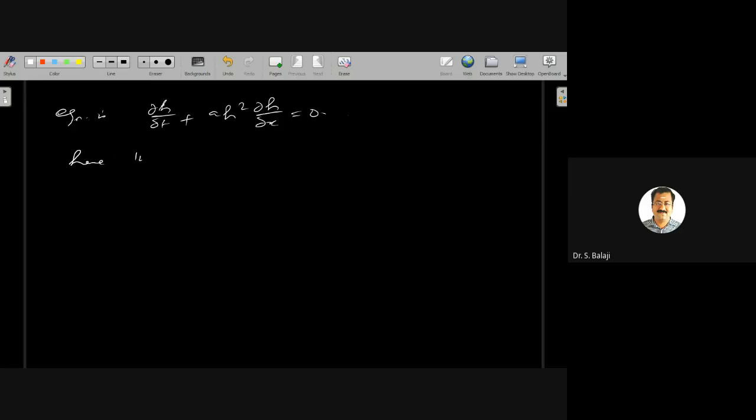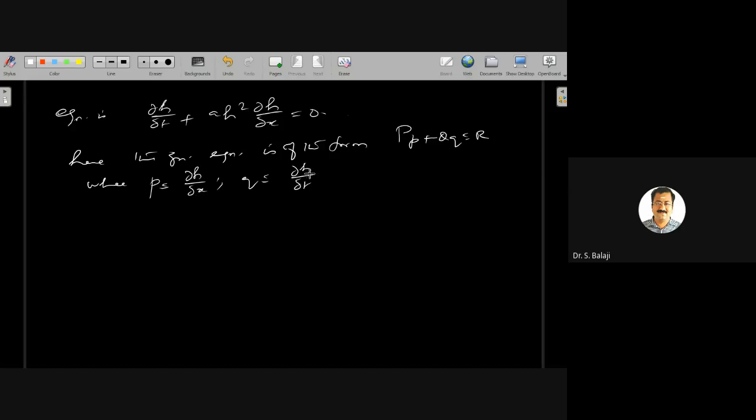Here, the given equation is of the form Pp plus Qq equal to R, where small p is dou h by dou x, like dou z by dou x, small q is dou h by dou t, like dou z by dou y, capital P is a h square, capital Q is equal to 1, and R equal to 0.